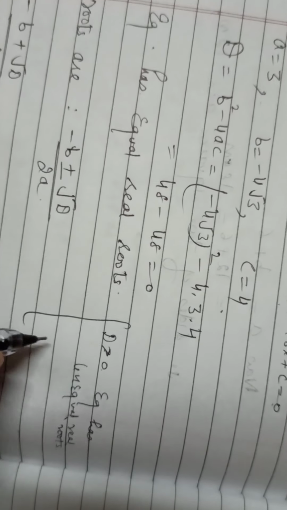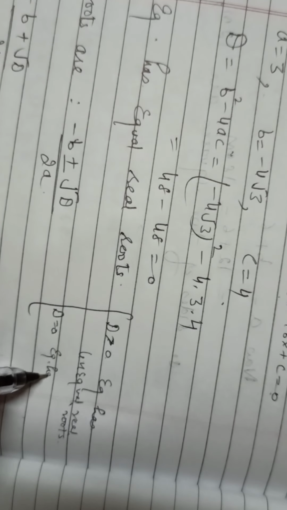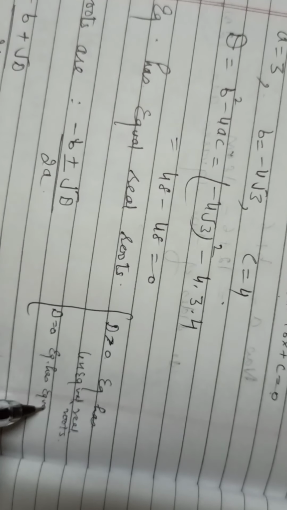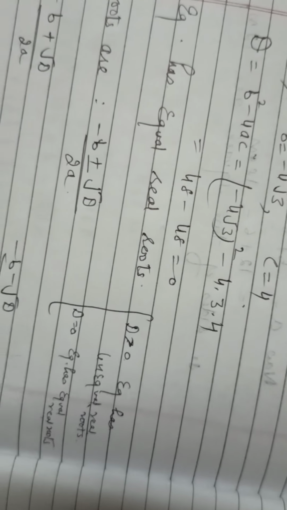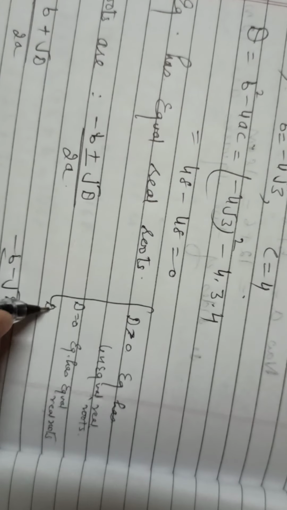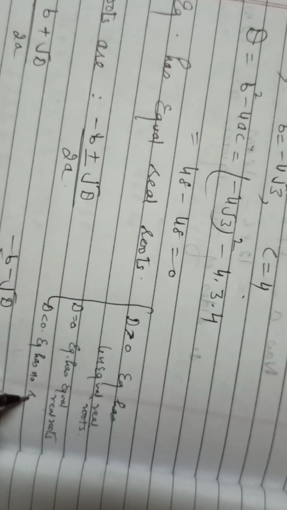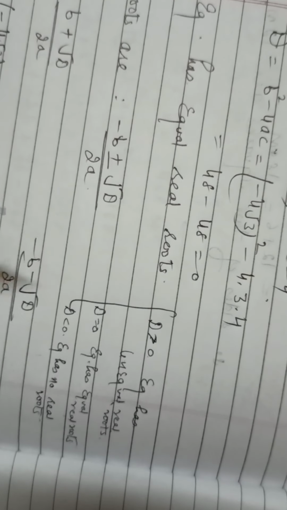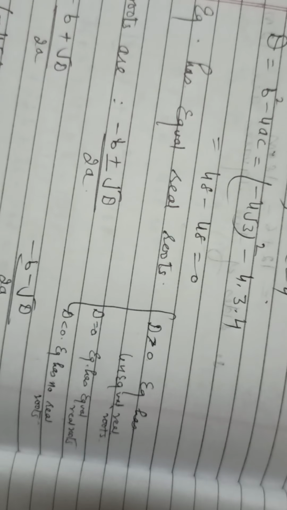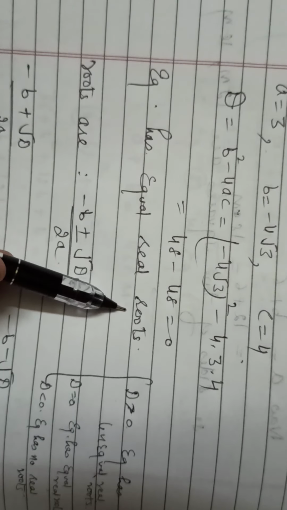If d is equal to 0, the equation has equal real roots. And if d is less than 0, then the equation has no real roots. It has only imaginary roots. Clear? So here d is 0, the equation has equal real roots.